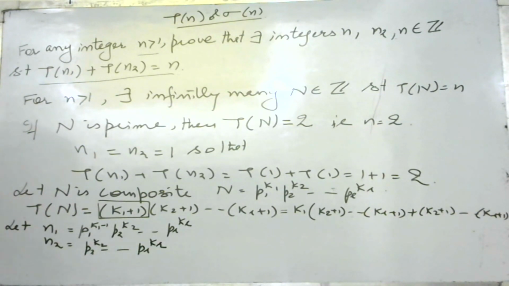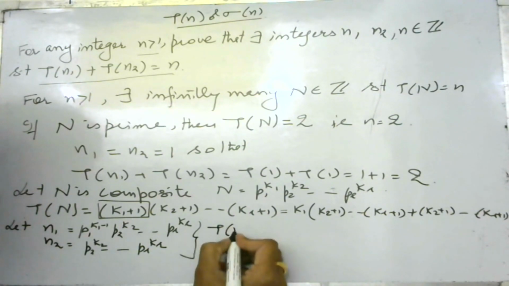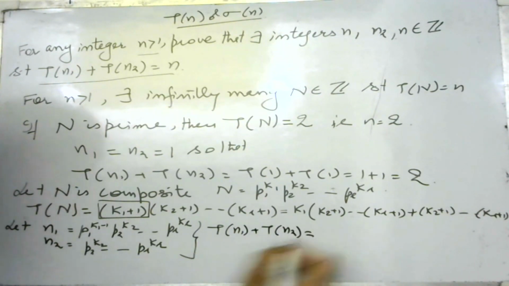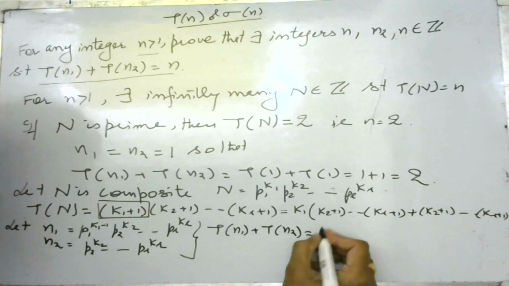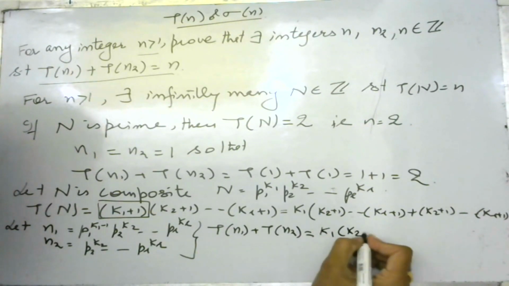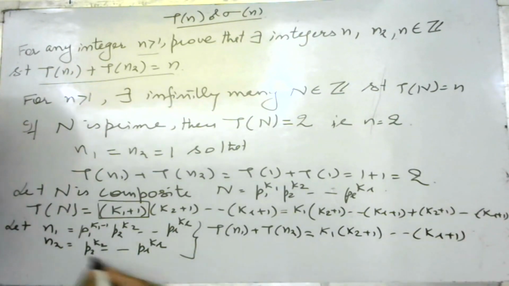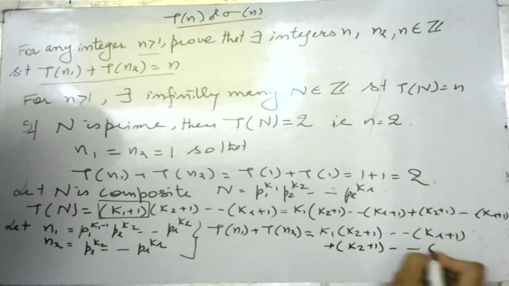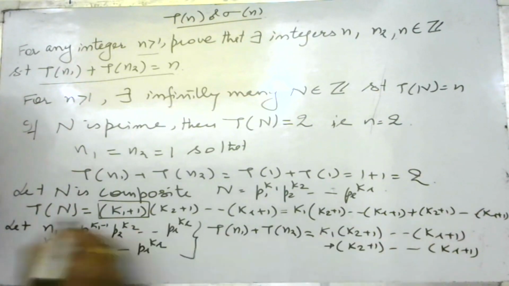Very easily, as per the selection made, when we calculate tau n1 plus tau n2, tau n1 will be k1 times (k2 plus 1) ... (kr plus 1), and tau n2 will be (k2 plus 1) up to (kr plus 1), which is exactly the same as tau n.